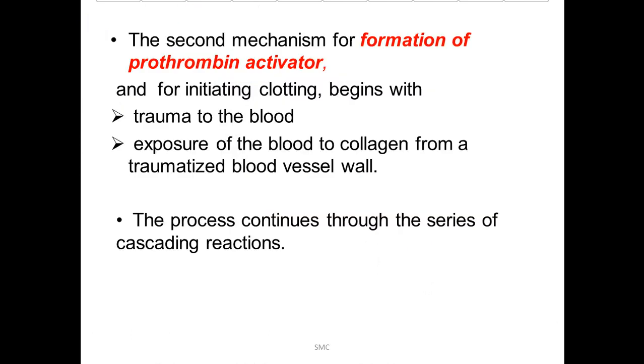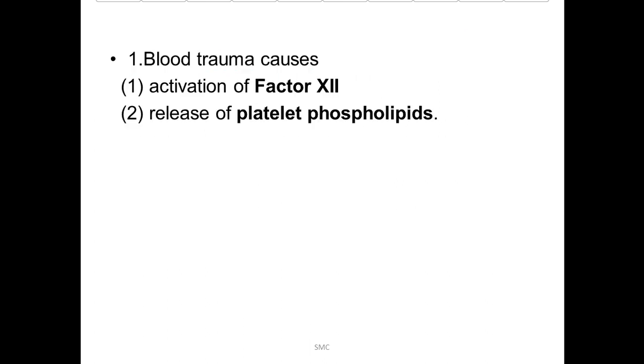The second mechanism for formation of prothrombin activator and for initiating clotting begins with trauma to the blood, or exposure of blood to collagen from a traumatized blood vessel wall. The process continues through a series of cascading reactions. Blood trauma causes activation of factor XII and release of platelet phospholipids.